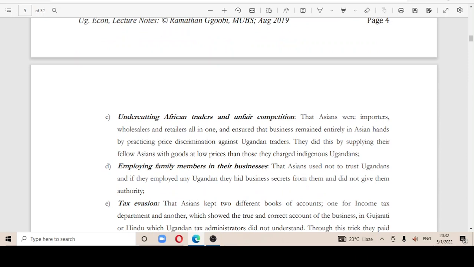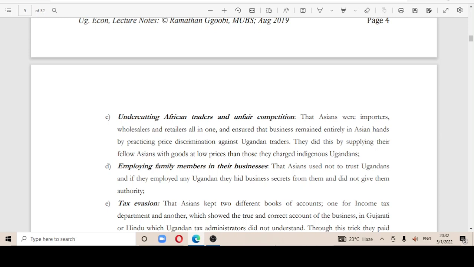So with this, the Asians were importers, at the same time they were wholesalers, at the same time they were retailers, all in one, and ensured that business remained entirely in Asian hands by practicing price discrimination among Ugandan traders.